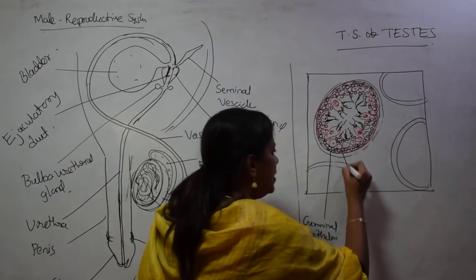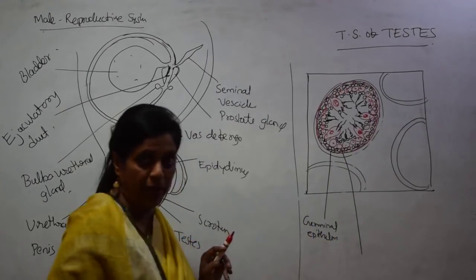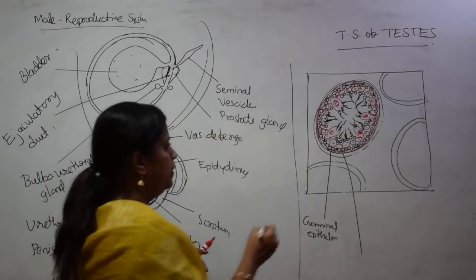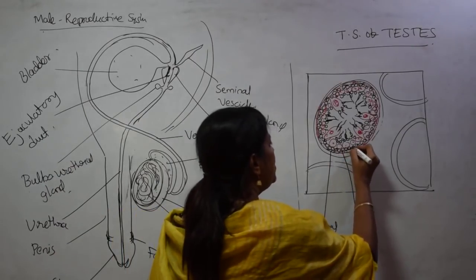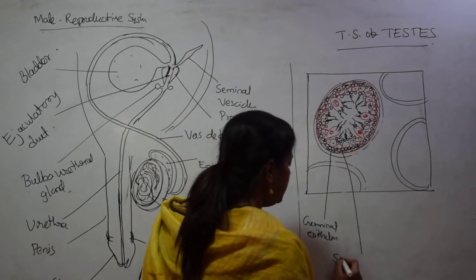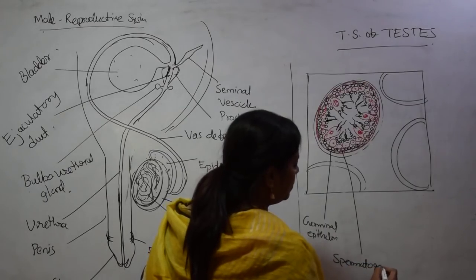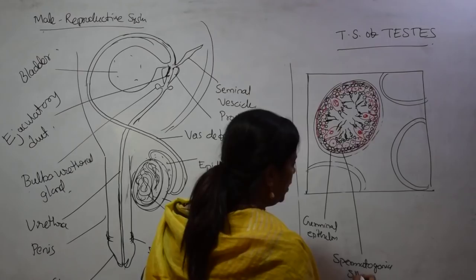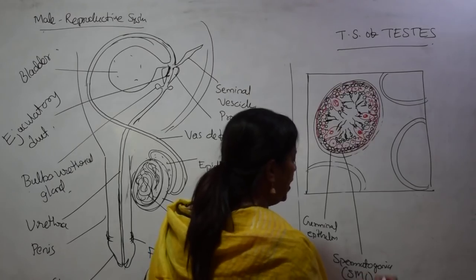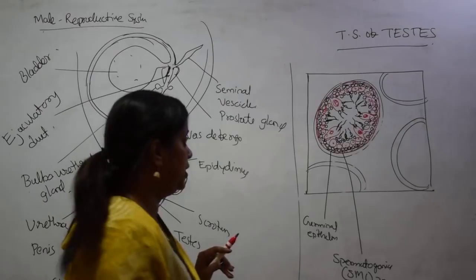Then the next layer undergoes simple mitotic divisions, multiple divisions. This group of cells is called the spermatogonia or spermatogonial mother cells. These are all diploid in nature because they are just undergoing mitotic divisions.